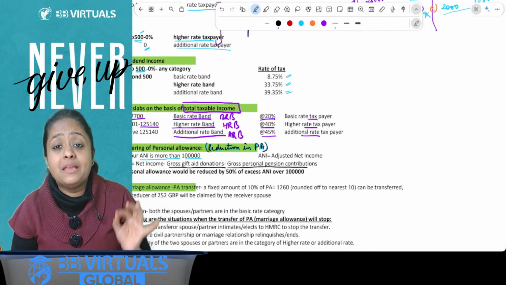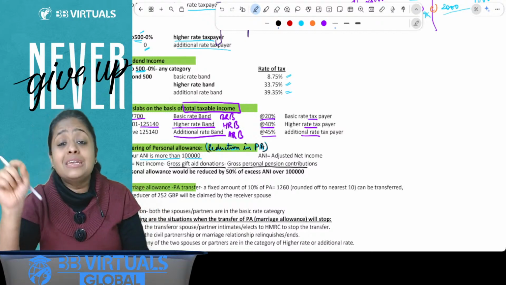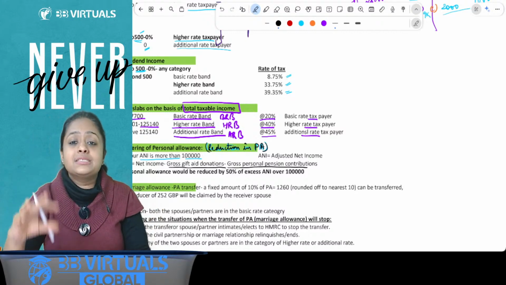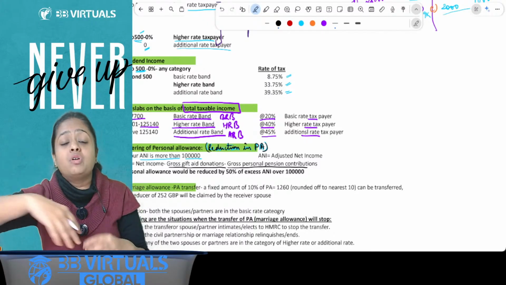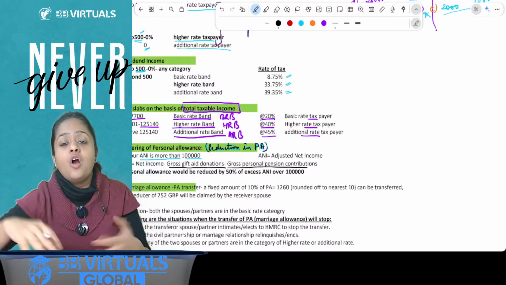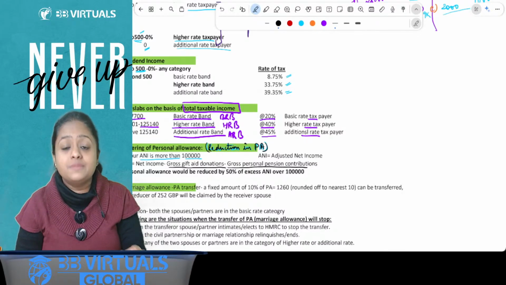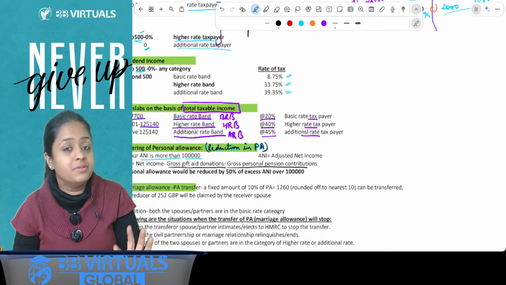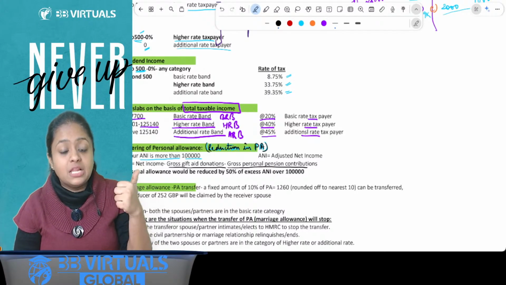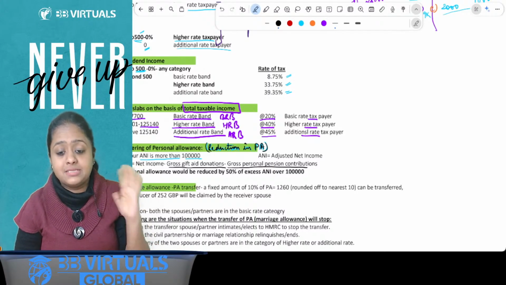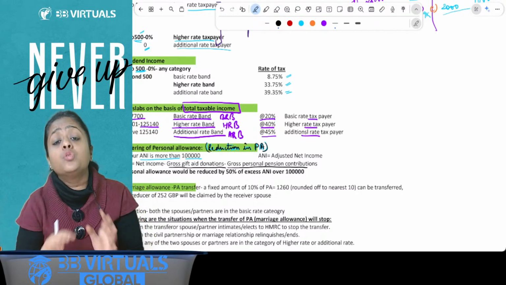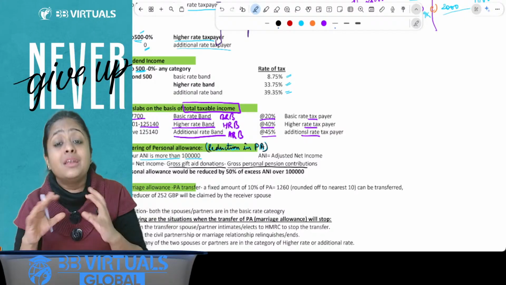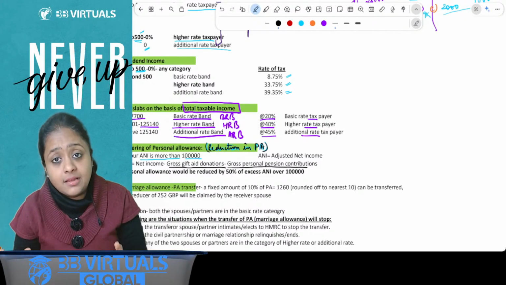So personal pension contributions: in a tax year, how much amount have you paid or contributed to those schemes as pension contributions will come here. Got it? So personal and not occupational, only personal pension schemes. That means the amount that you have contributed to those pension schemes in your individual, personal capacity will come here.